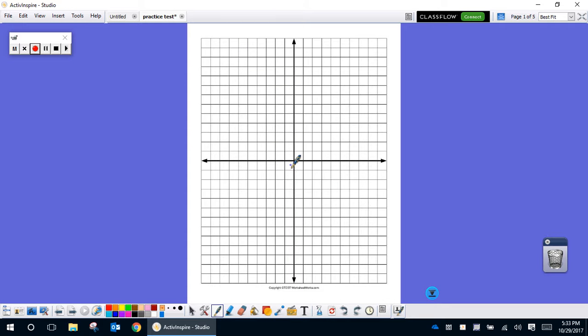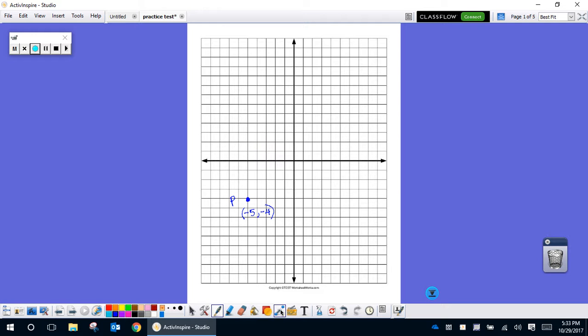(-5, -4). So 1, 2, 3, 4, 5. 1, 2, 3, 4. Okay, and that's called P. It's located at (-5, -4). Then you want to graph your reflection line.